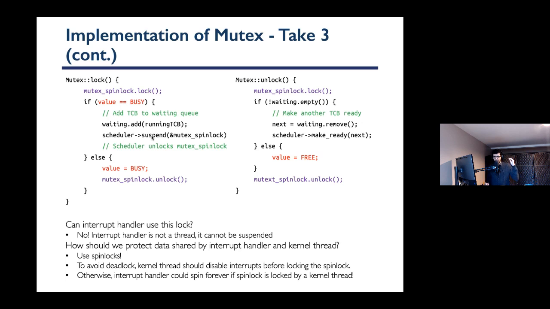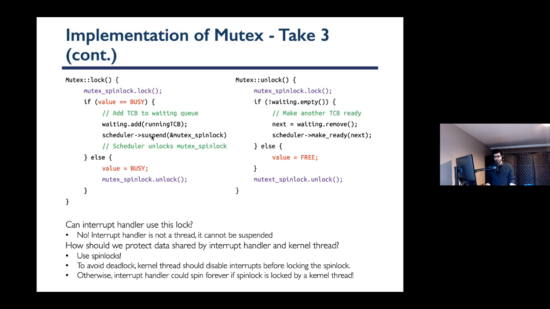For instance, a thread locks a spin lock and then gets interrupted, and then the interrupt handler wants to access the spin lock. The spin lock is locked, so the interrupt handler would busy wait, and there we have a deadlock, because the interrupt handler cannot terminate, and if it doesn't terminate, then the thread cannot unlock the spin lock.